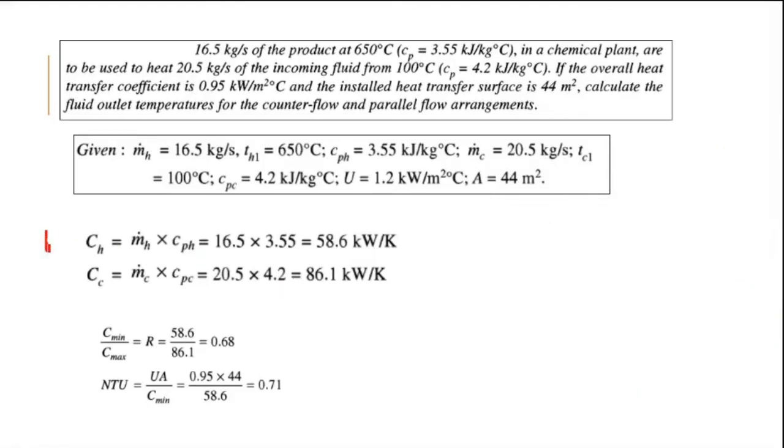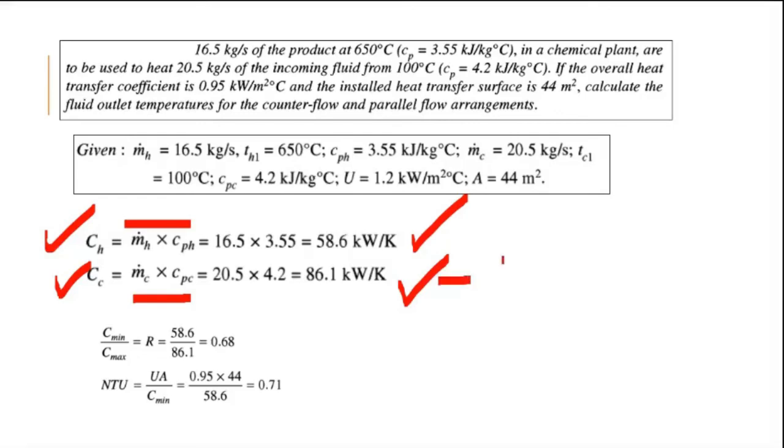Here we can find the value of capital CH and capital CC. CH value is mass flow rate multiplied by specific heat. CC value is again mass flow rate multiplied by specific heat for the cold fluid. So we are getting that capital CH is 58.6 and capital CC is 86.1. Make sure that you are not committing any mistake in putting the units. So here, which one is the maximum value, CH or CC?